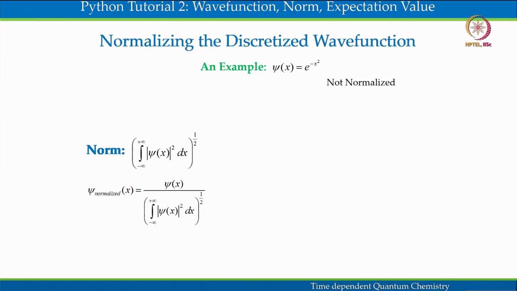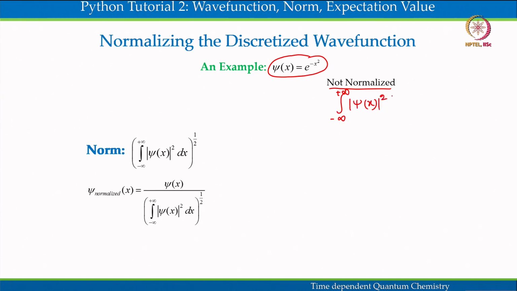This is the form of the wave function we have taken. Clearly it is not a normalized wave function. I can prove that, and in order to prove that, I have to take this integration from minus infinity to plus infinity. Remember, it's an analytical way of doing normalization, and the numerical way of doing normalization we will find out very soon.